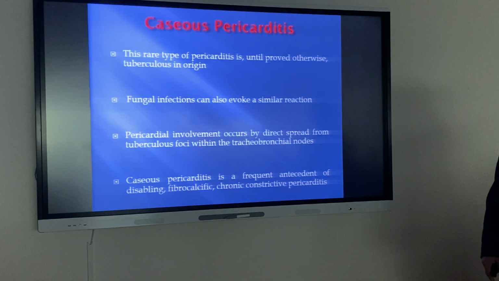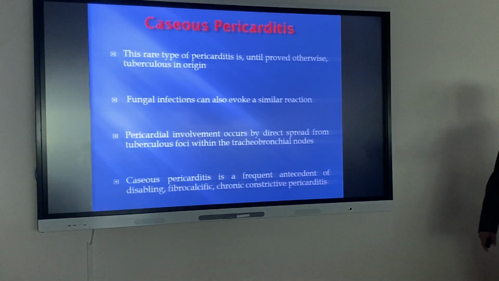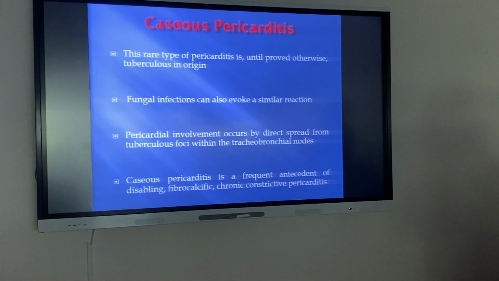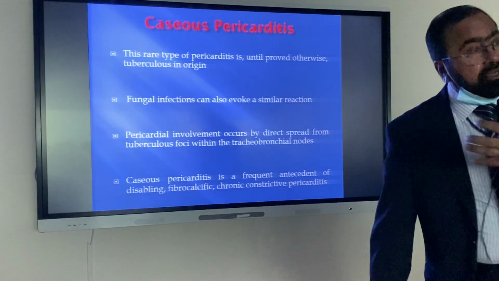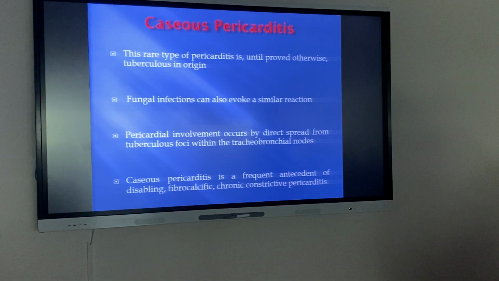This one is fibrocalcific constrictive, meaning the caseous material calcifies around the heart and forms a cast-like thing. It's hard and mottled, and the heart inside usually pumps, but it cannot expand more.